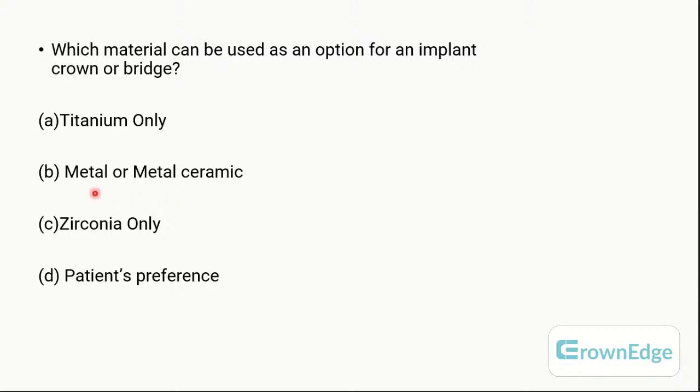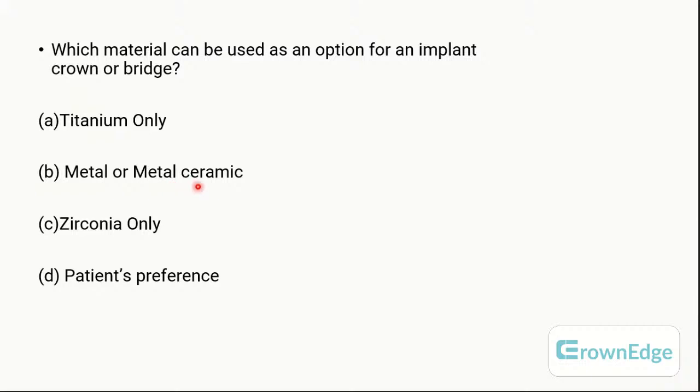But given a choice, you have to consider the first principle of tooth preparation, preservation of tooth structure. Metal or metal ceramic opposing a natural tooth will not harm it compared to zirconia or titanium. For that, the answer should be B, metal or metal ceramic. That is your first answer.